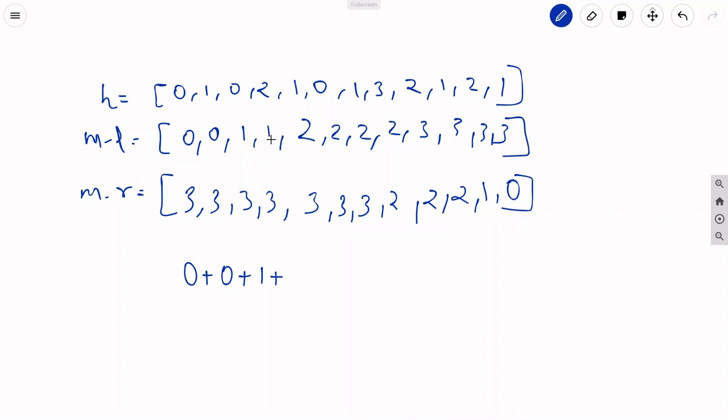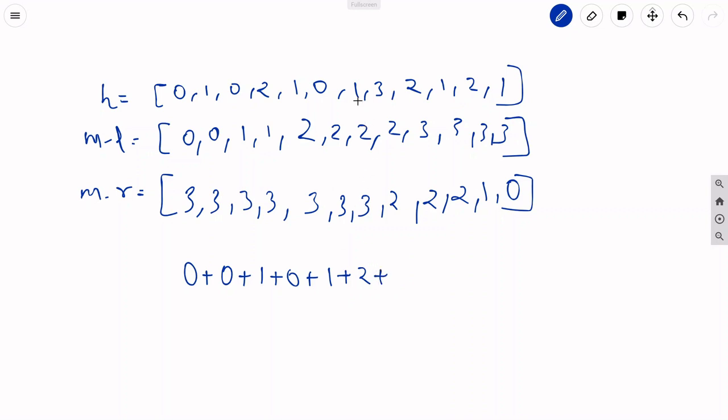Then 1 is the upper limit, and 2 is the lower limit. So no possibility of water filling over here. So 0, right? 3 comma 2 is 2, and 2 minus 1 is 1. So we have 1 over here. Similarly, 2, 3 comma 2 is 2, and 2 minus 0 is 2.